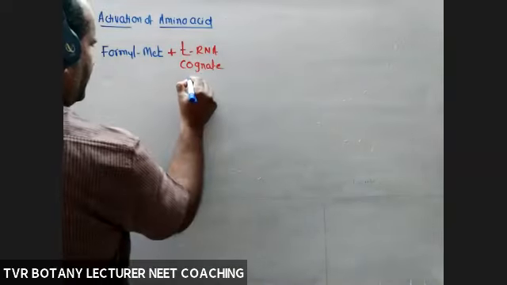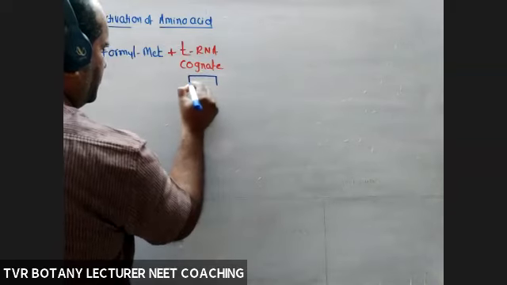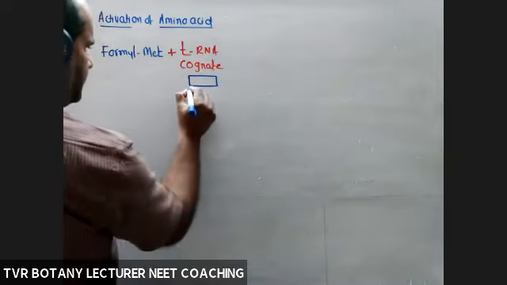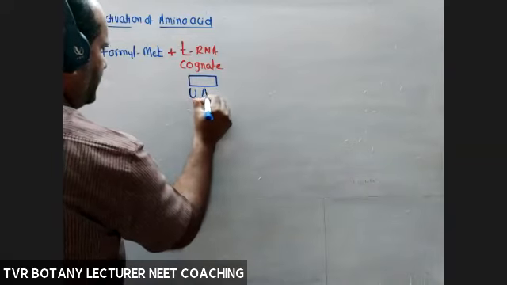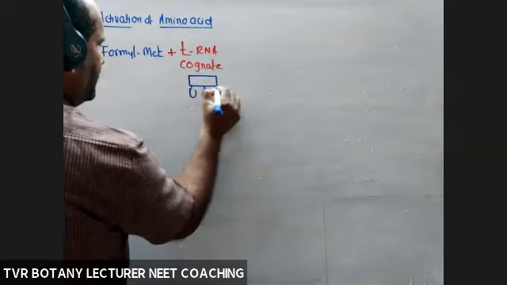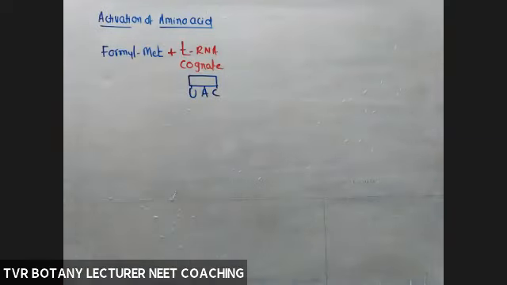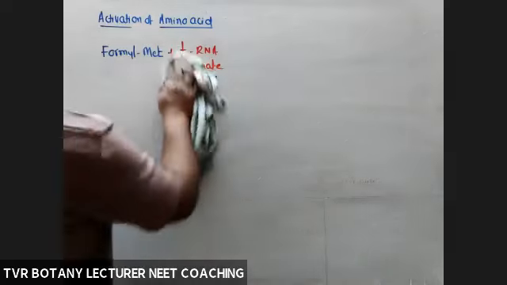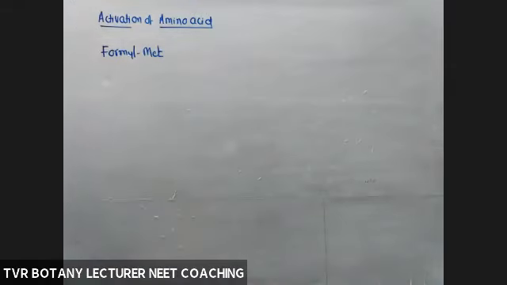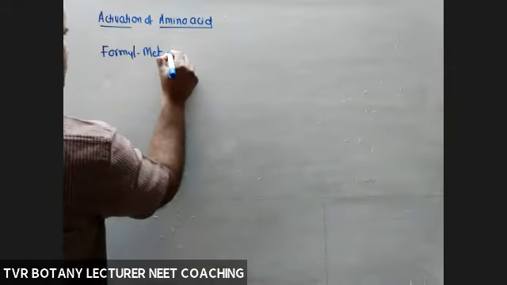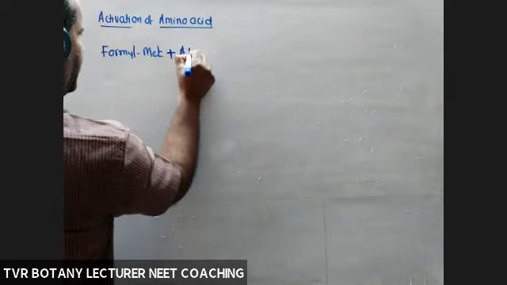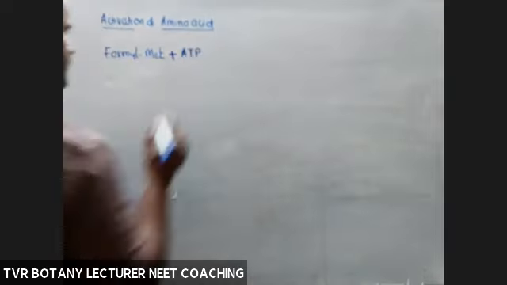For example, this is a tRNA molecule, a dummy one, with a UAC anticodon. So formyl methionine, tRNA, plus one molecule of ATP.